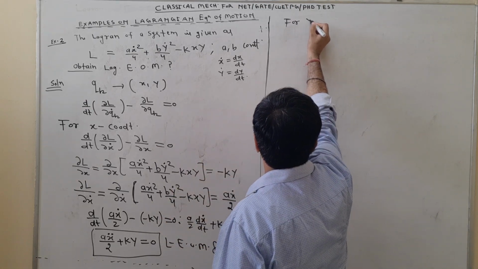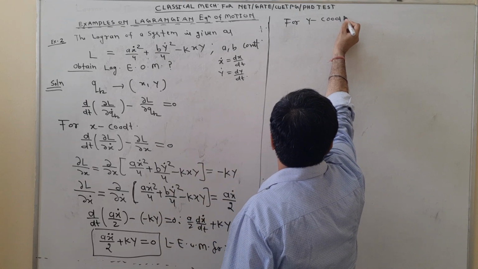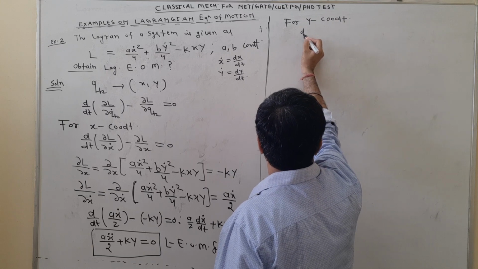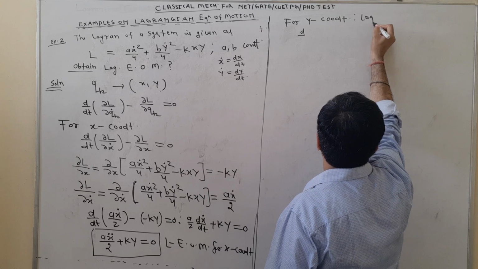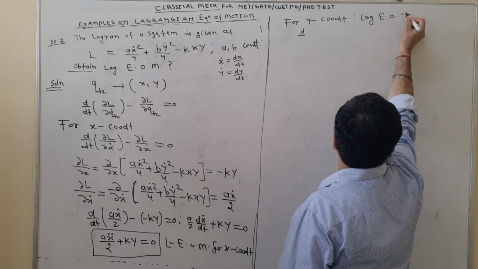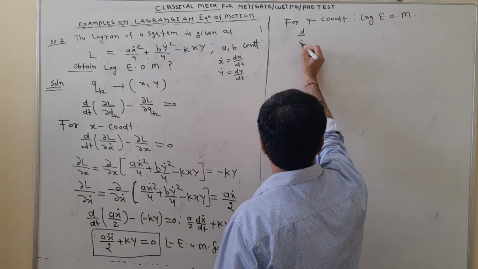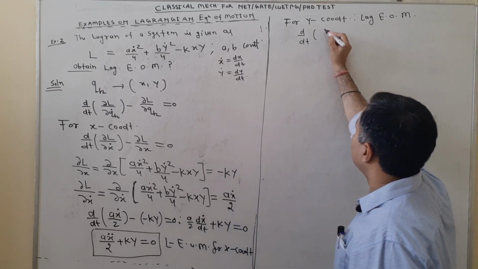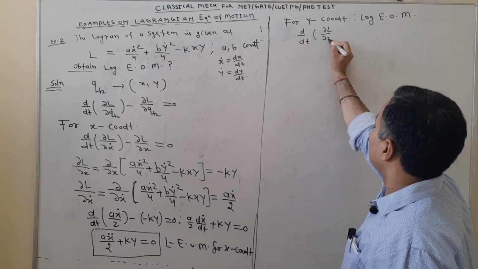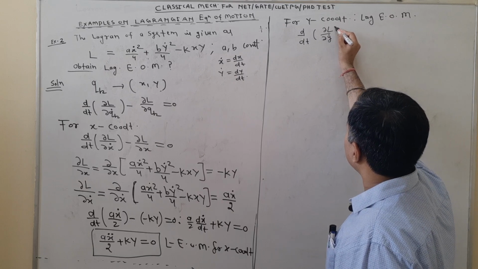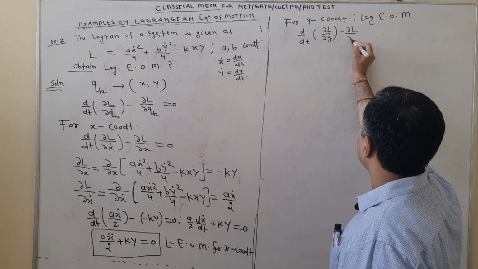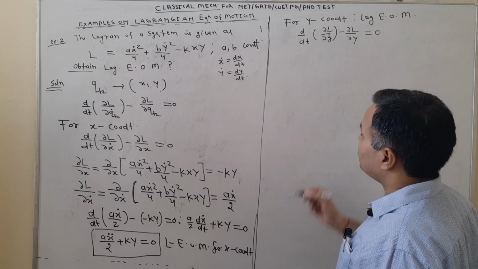So for the y coordinate, the Lagrangian equation of motion is simply d by dt of del L by del y dot minus del L by del y equal to 0.